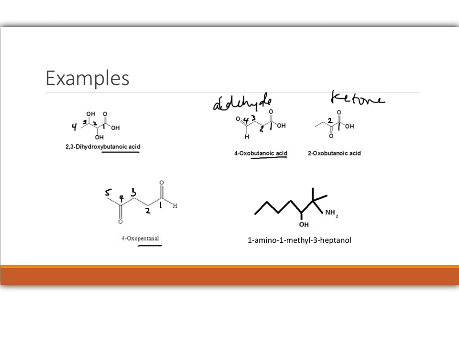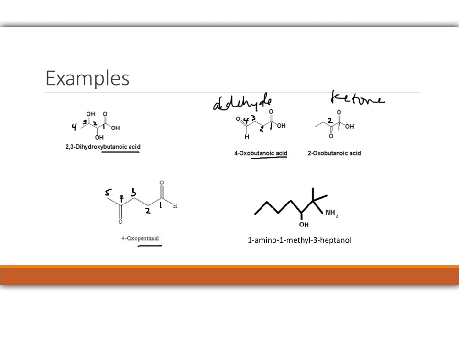Alright, so here's an example of some things that have lower priorities. We have an alcohol, an amino group attached, and also a branch. As far as numbering goes here, your alcohol is going to take priority, so it's the lowest number that your alcohol can have.